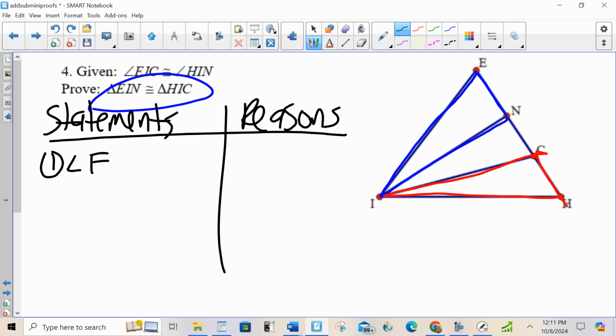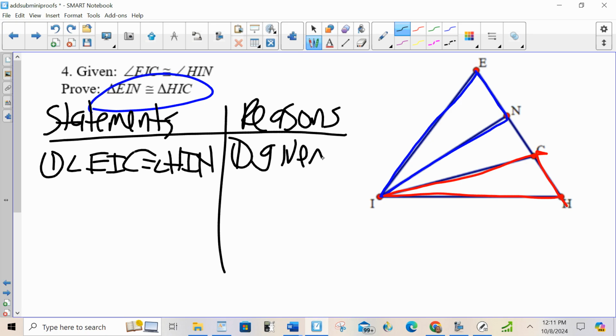Angle EIC is congruent to angle HIC, given. This is EIC. Let's just focus on one of them. Is that an angle of the blue triangle? Kinda. It's too much. The angle of the blue triangle would be this piece right here. I have too much, so we need to subtract something away. What do I have to subtract away? This yellow piece, angle NIC.